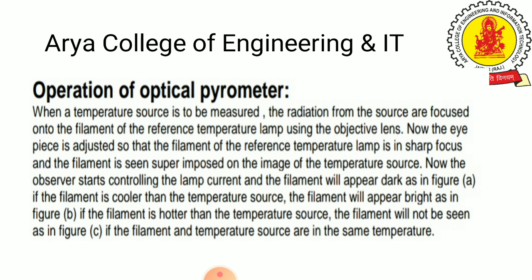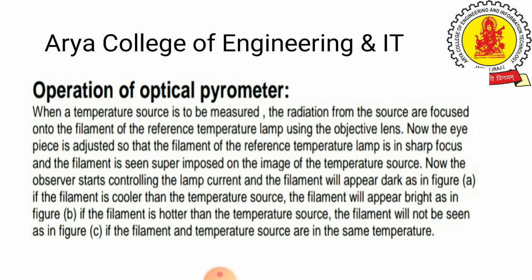the operation of optical pyrometers is as follows: when a temperature source is to be measured, the radiation from the source is focused onto the filament of the reference temperature lamp using the objective lens.